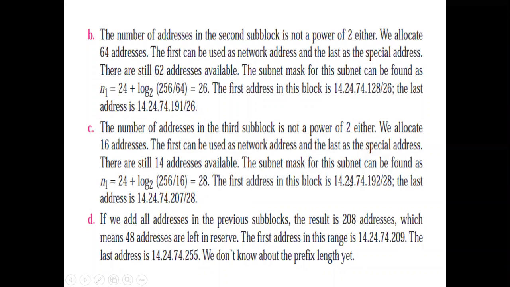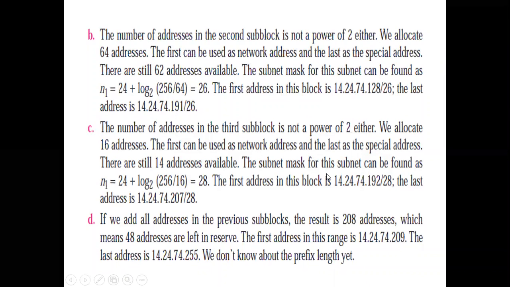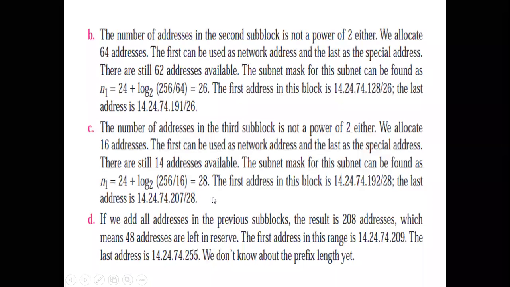The first address, where you left the subnet at 191, so it will start from 74.192. How many machines are you going to add? 16 machines you are going to add. So 192 plus 16, 208 we are getting, but since you are starting from 192, you will get 207 as the last ID. This is the last IP address of your machine. So from 192 to .207, here you will have the third subnet's partition.